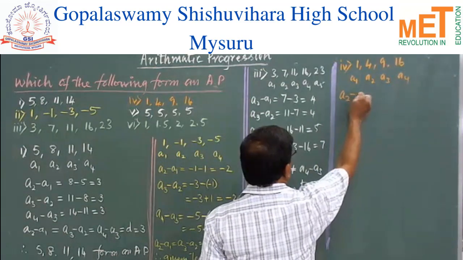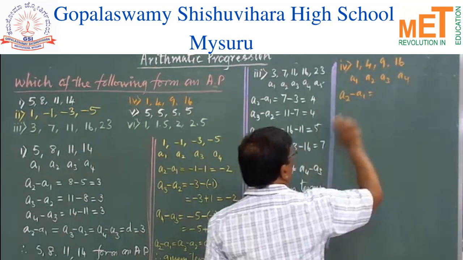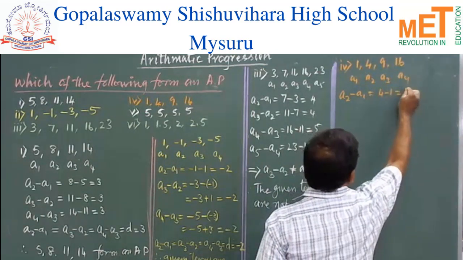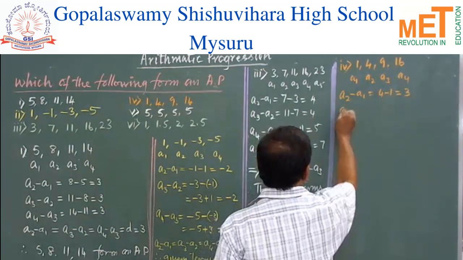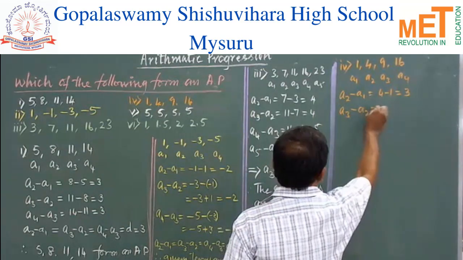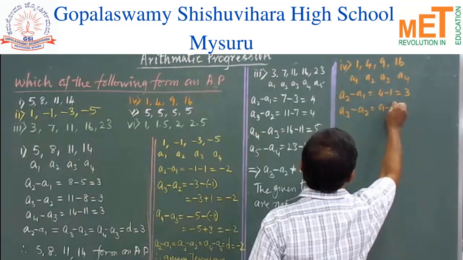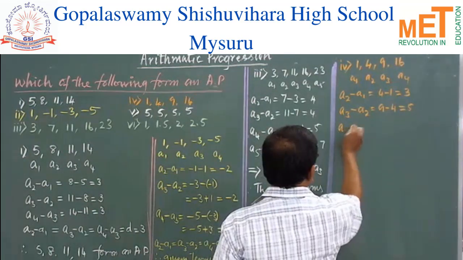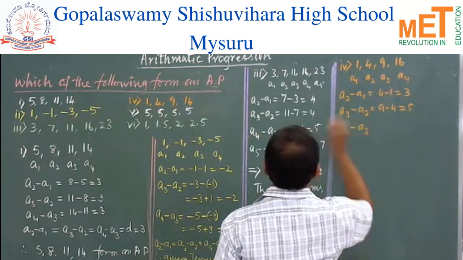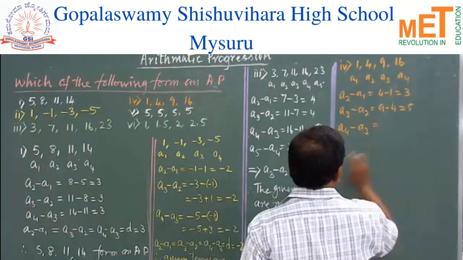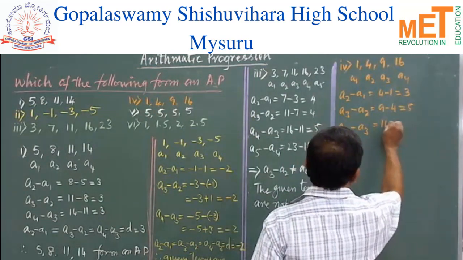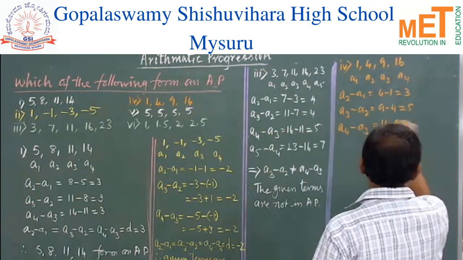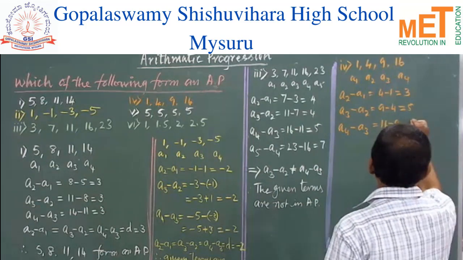A2 minus A1 is equal to 4 minus 1 is equal to 3. Next, A3 minus A2 is equal to 9 minus 4 is equal to 5. Next, A4 minus A3 is equal to 16 minus 9 is equal to 7.